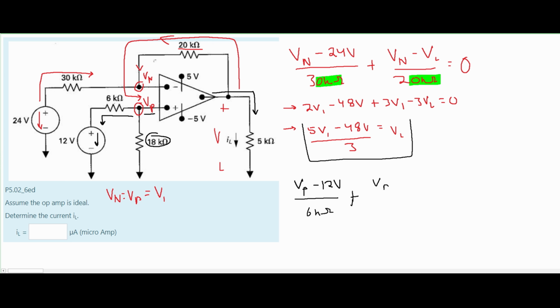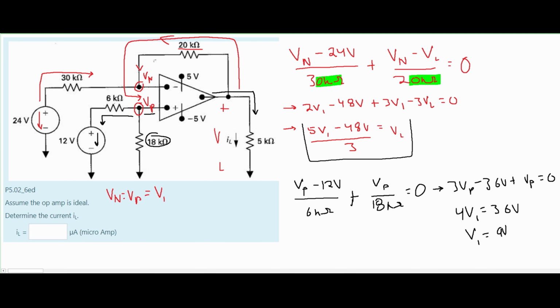So we have a plus Vp over 18 kilo ohms, and this is all equal to 0. Now to simplify this, we are going to multiply everything by 18 kilo ohms. We get 3 Vp minus 36 volts plus Vp, because the 18 kilo ohms cancels out. We can add our Vps together, and remember Vp is supposed to be V1. So we get 4 V1 equal to 36 volts. So we know that V1 is equal to 9 volts.